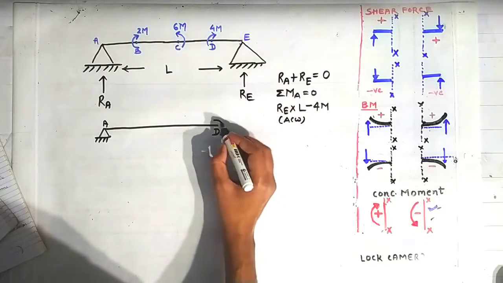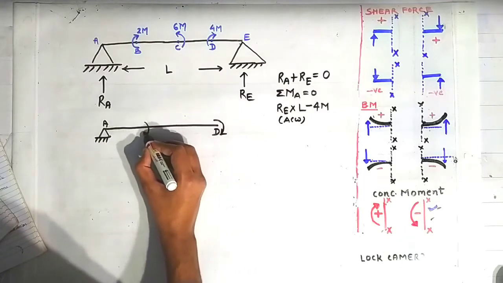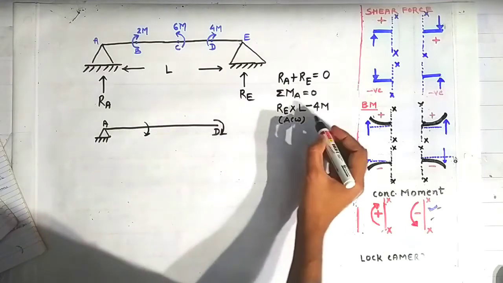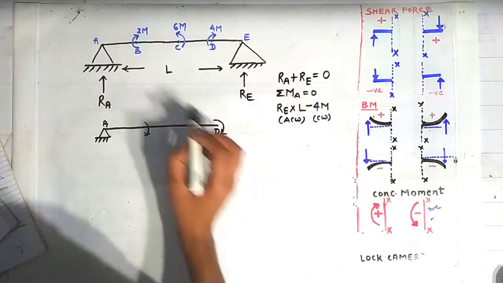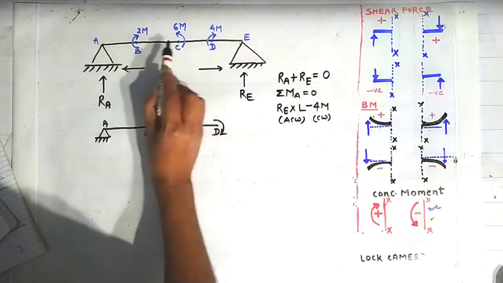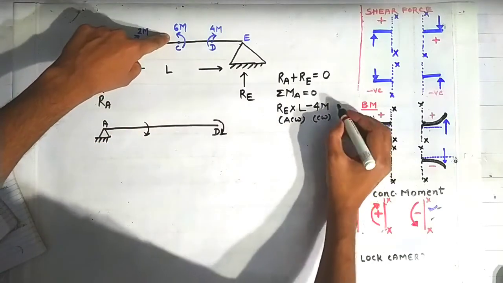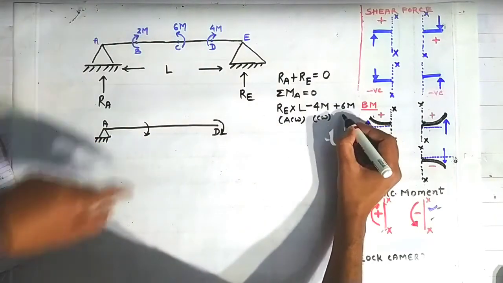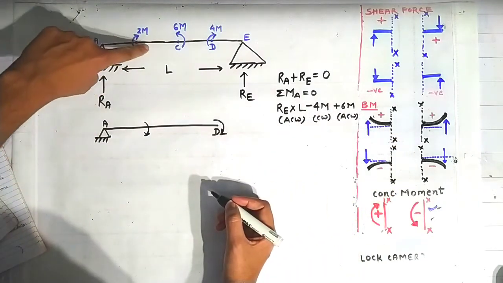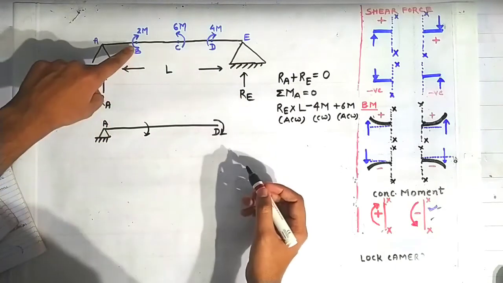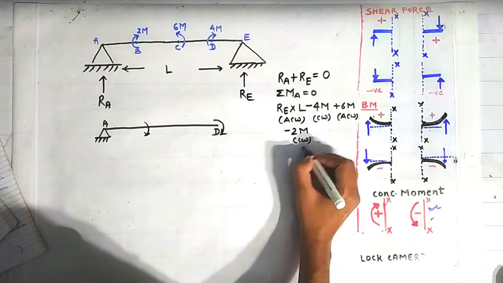So it is trying to rotate this beam element AD in clockwise direction. That's why it is taken as clockwise, and clockwise we treat here as negative. Now this moment is trying to rotate this beam element AC in anti-clockwise direction about the point A. So we will take here plus 6m as anti-clockwise, and because of this moment, which is going in clockwise direction like this, it will act as a negative moment of 2m.